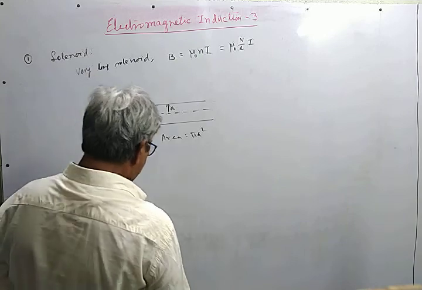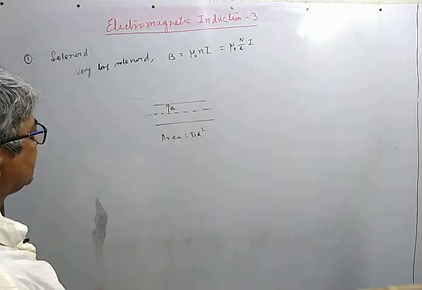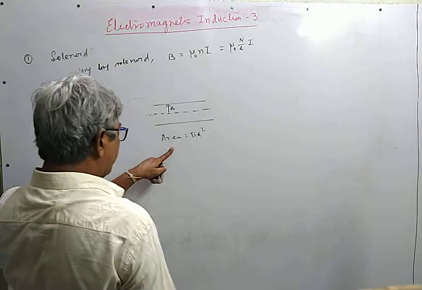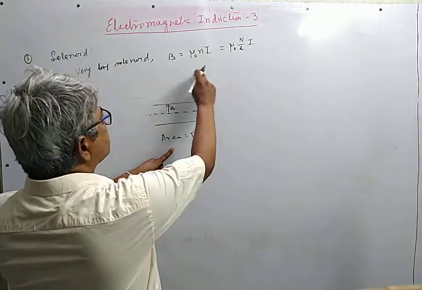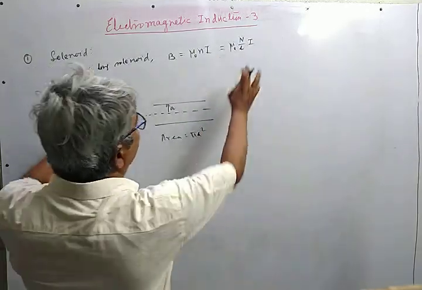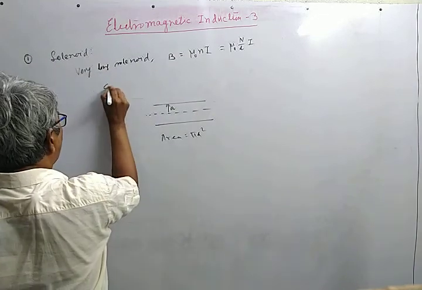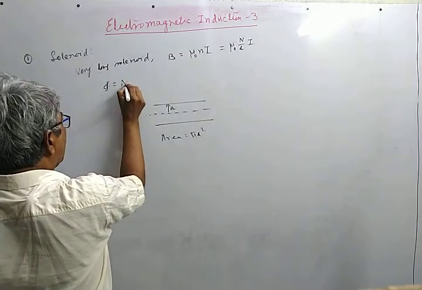So this is the area, so the flux linked with each turn is B multiplied by A. Since there are N turns, the total flux linked with it is NAB.